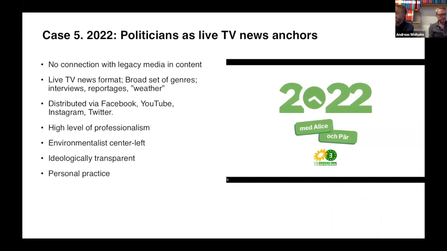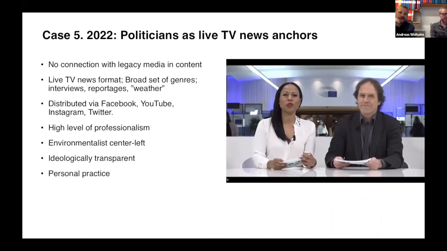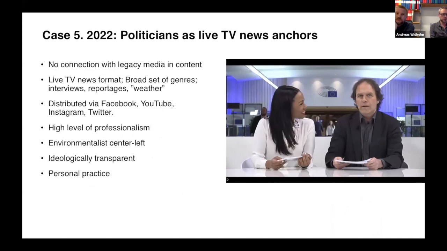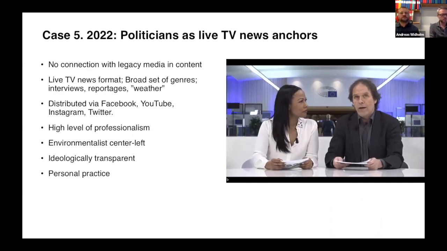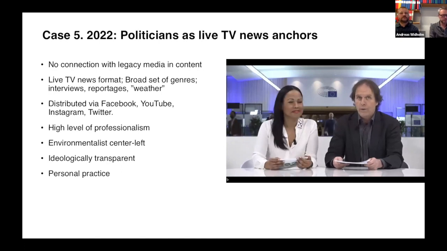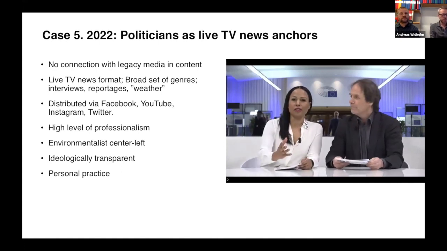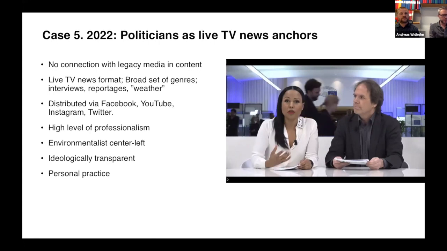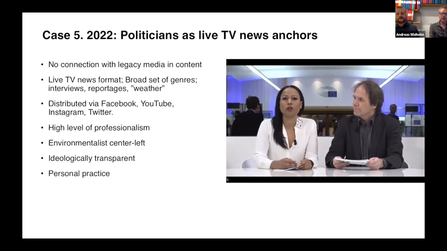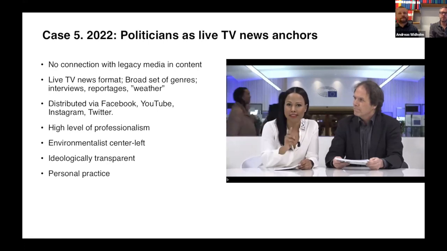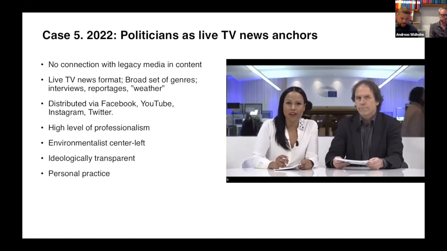And our last case is 2022, a news talk show hosted by the two representatives of the Green Party in Sweden, Alice Bah Kuhnke and Per Holmgren, which you can see in the image to the right. They are current members of the European Parliament. And Alice Bah Kuhnke is also the former Minister of Culture in Sweden.